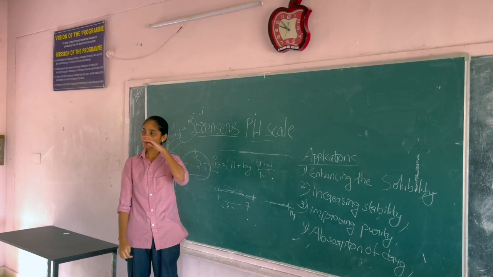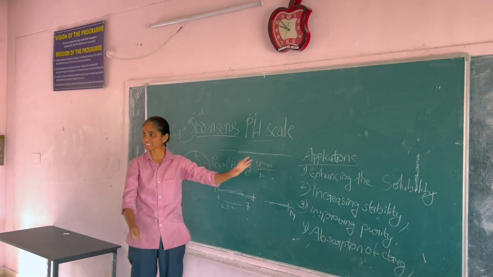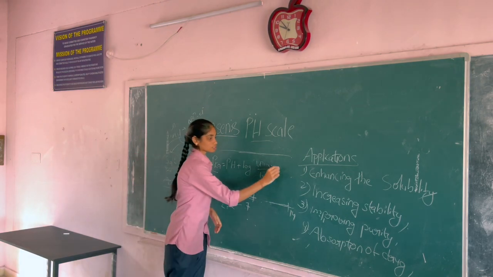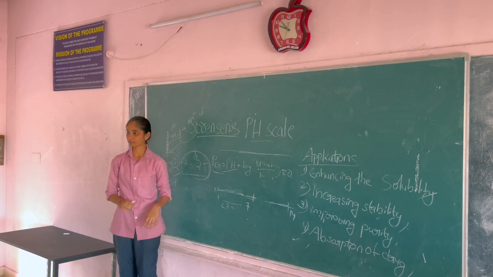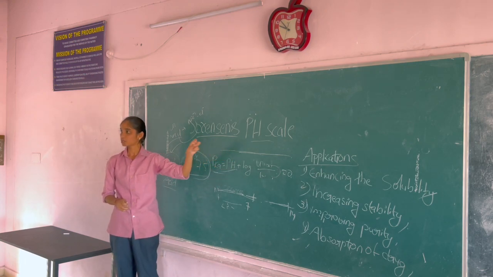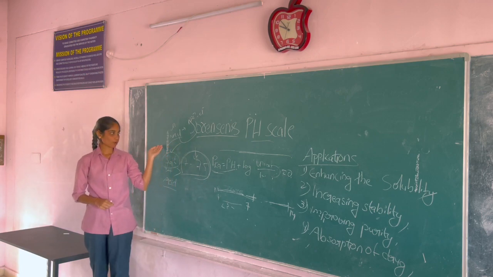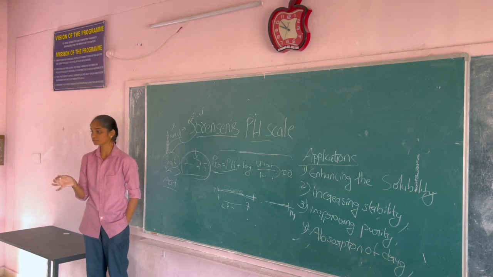In the lab we also studied that if the unionized and ionized forms are equal, the log term is 0 and the pH is equal to the pKa value. If the pKa increases, the pH also increases. So the ionization of any drug compound also depends upon the pH of the solution.